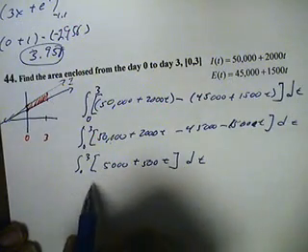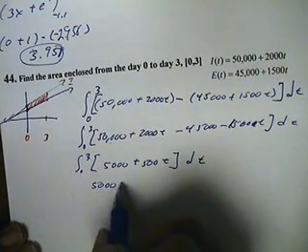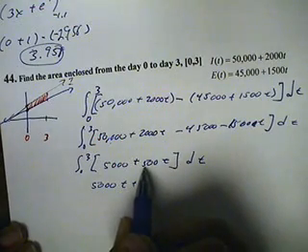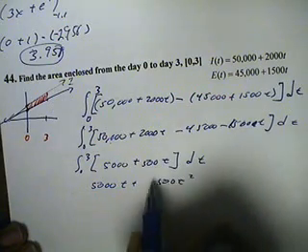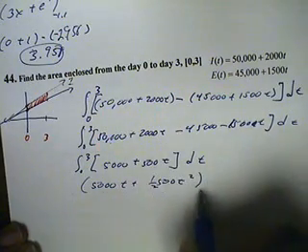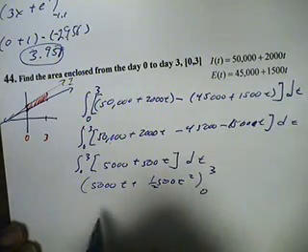Alright, the antiderivative of 5,000 is 5,000t. The antiderivative of 500t will be 500t squared times 1/2, evaluated from 0 to 3.